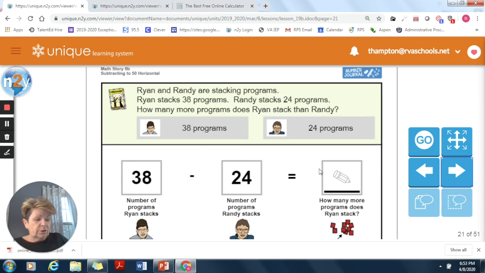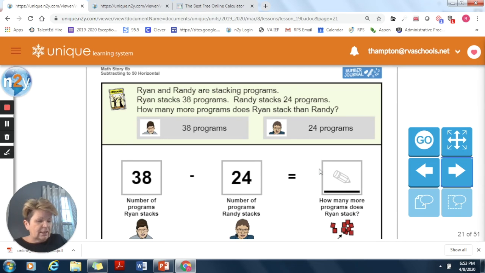Or you can put 3 dots on the 3, and you can X out one of those dots, and we know that leaves us 2 dots. Oh, that leaves us, did I make a mistake? I did. I should have X'd out how many dots? Yes, I should have X'd out 2 dots.